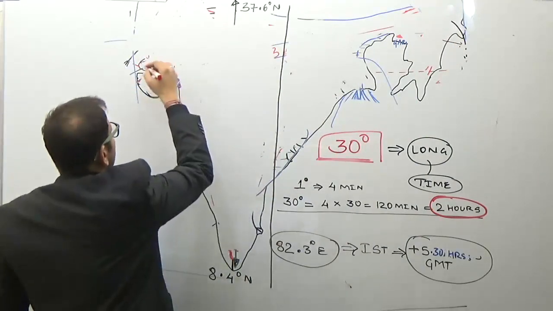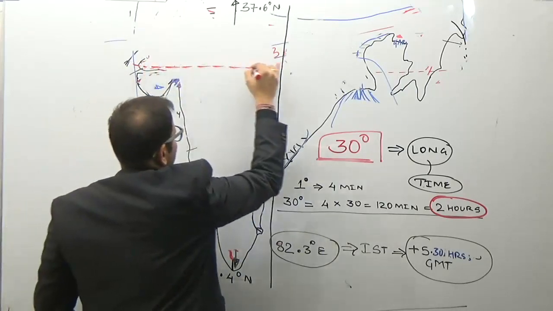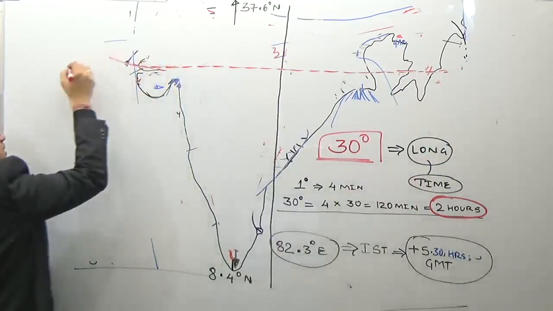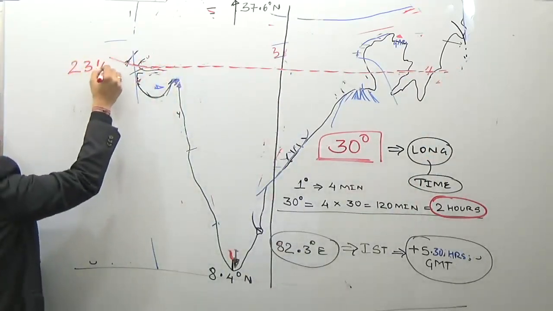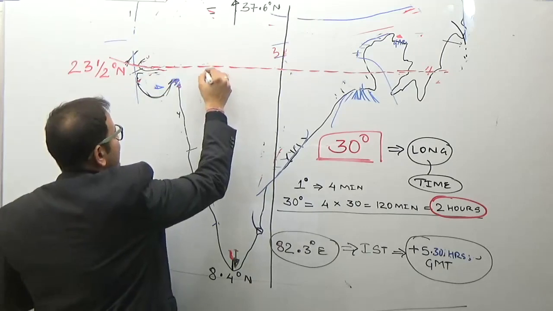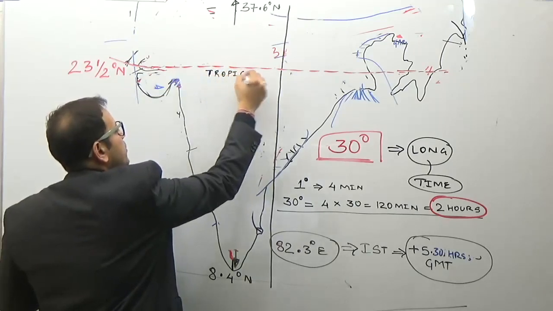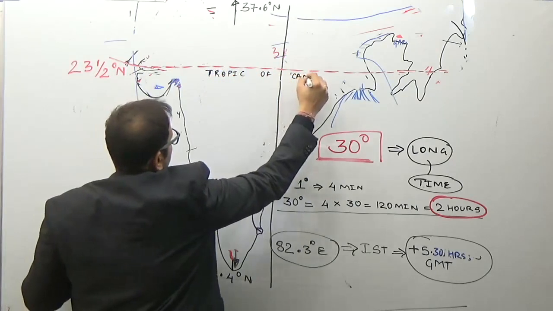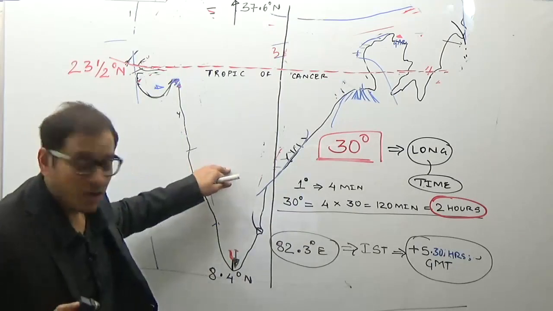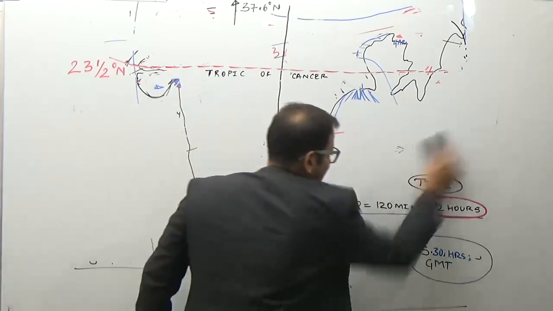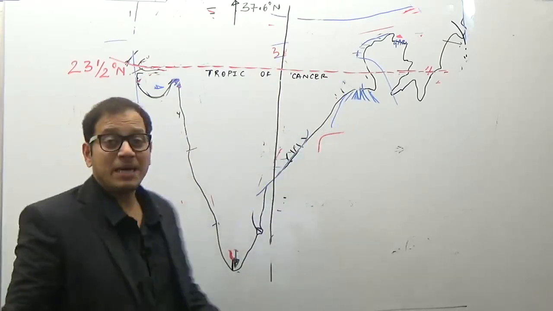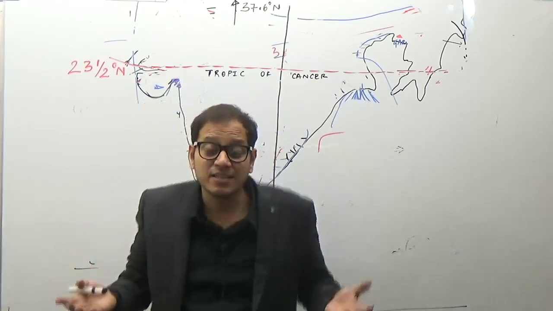Half of India lies in the tropical region, while the other half lies in the subtropical region. Why is this so? Because the Tropic of Cancer, the 23.5 degree north latitude, exactly divides India into two parts.